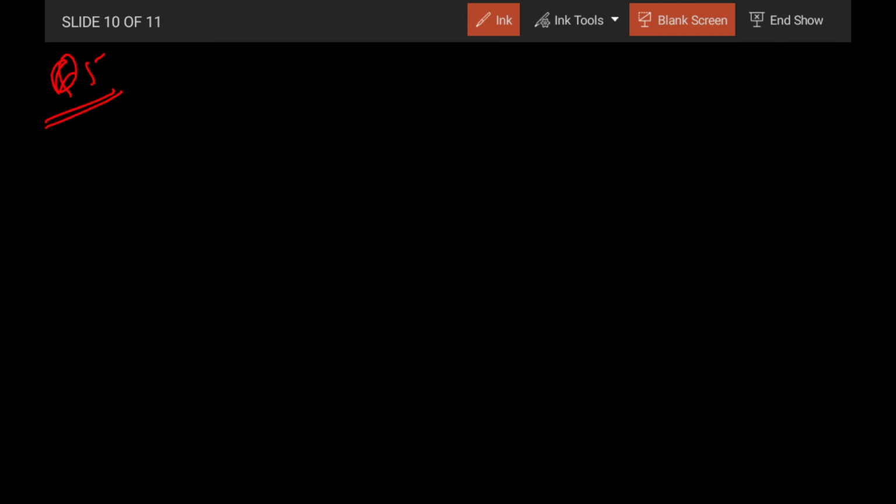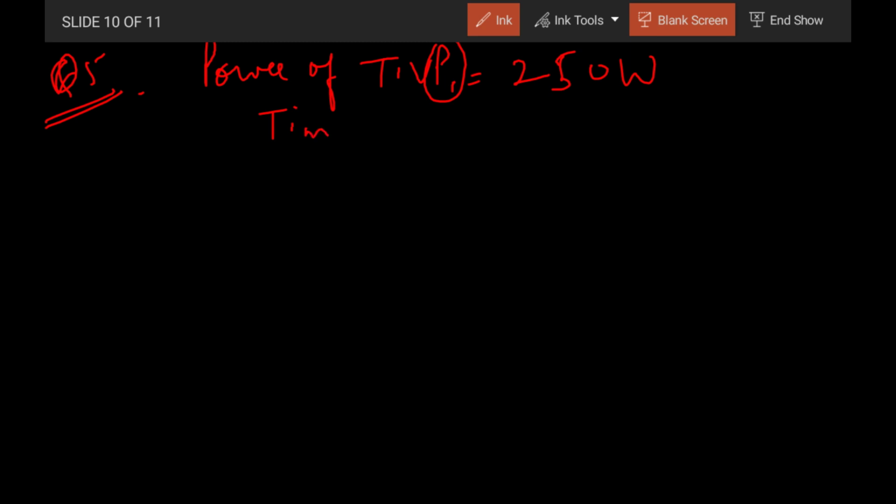Now the power of the TV is 250 watt, and you can write it as P1 only. Time taken by the TV is 1 hour. 1 hour means 3600 seconds.